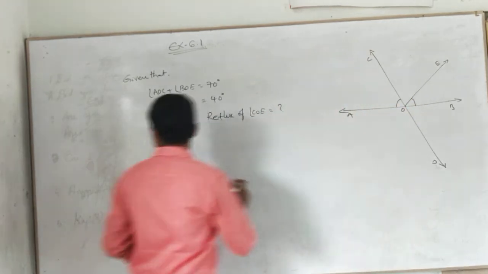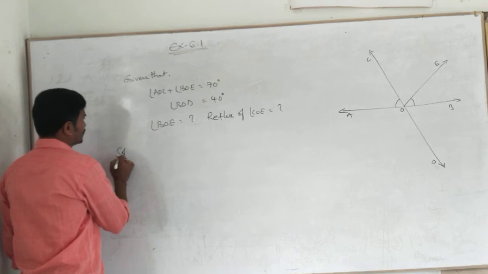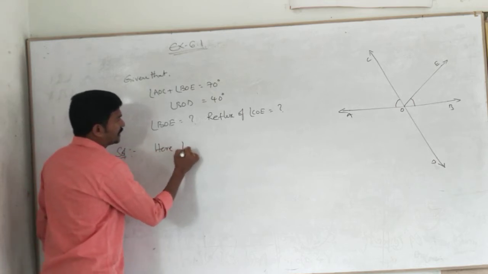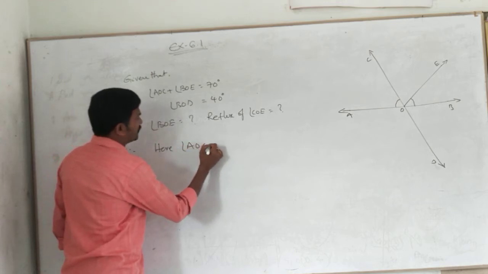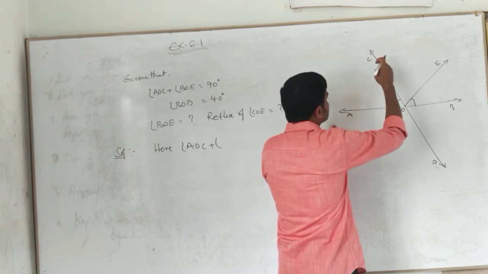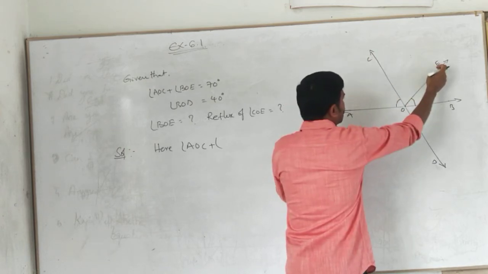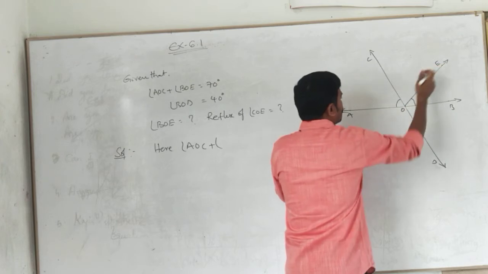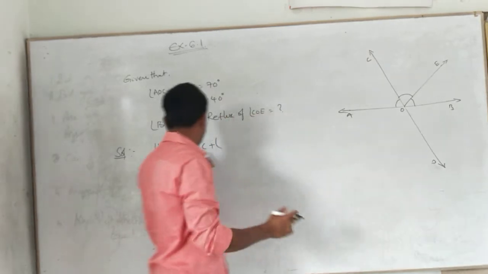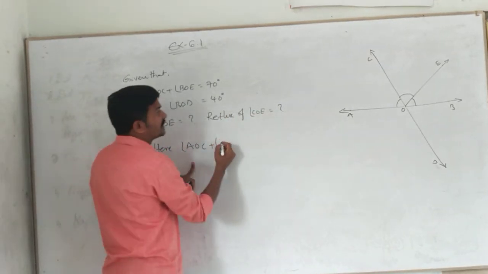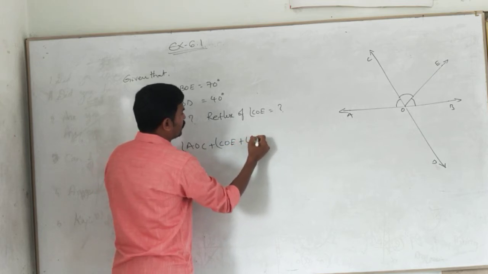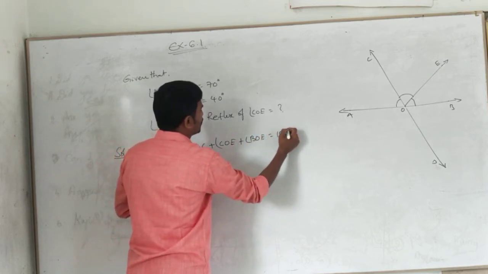So in the solution, angle AOC plus angle COE plus angle BOE equals 180 degrees.